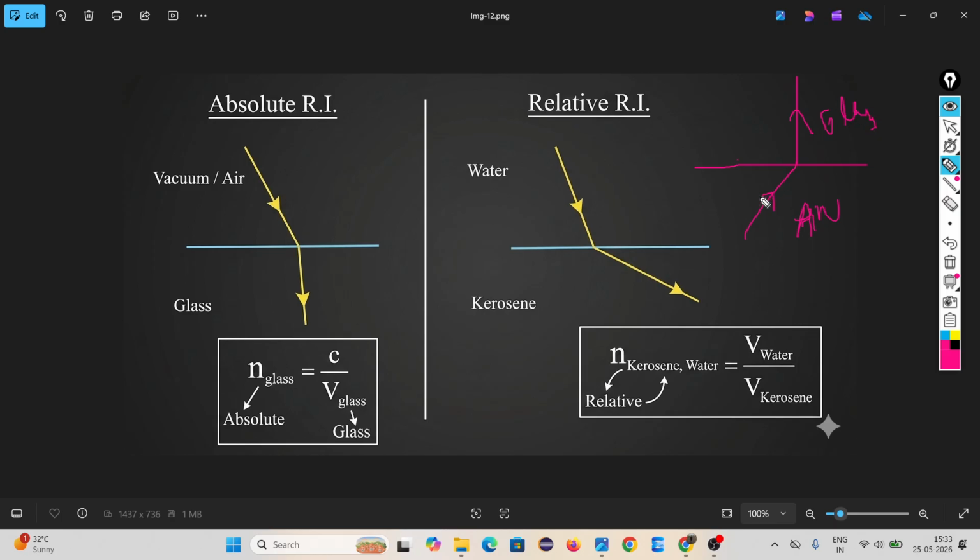By looking at this, tell me, which type of refractive index is it? Absolute, because look, the light is coming from air. Okay. Another question, look. n of diamond equal to c by v of diamond. v of diamond means speed of light in diamond. If this formula is written, is it absolute or relative?